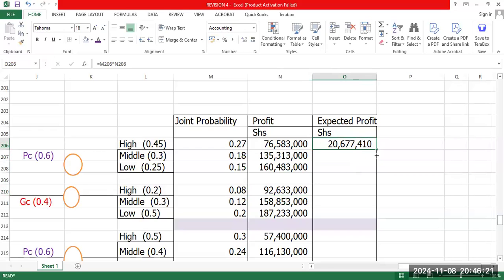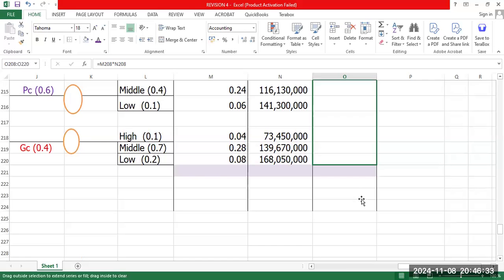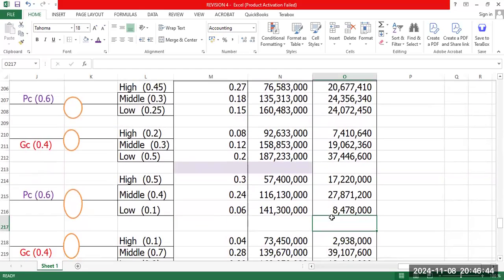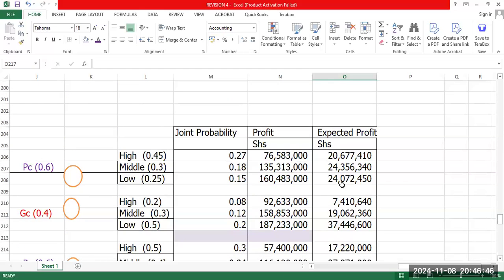You just keep on multiplying. So this is my expected profit.